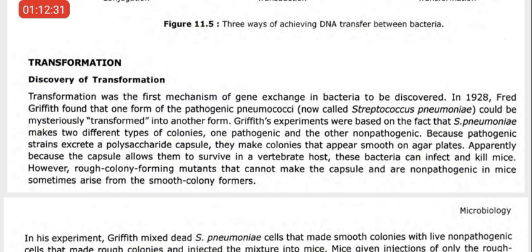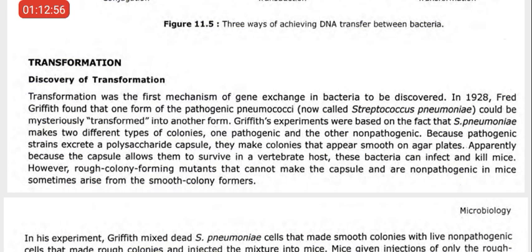Griffith's experiment was based on the fact that S. pneumoniae make two different types of colonies, one pathogenic and the other non-pathogenic. Because pathogenic strains excrete a polysaccharide capsule, they make colonies that appear smooth on an agar plate. Apparently, because the capsule allows them to survive in a vertebrate host, these bacteria can infect and kill mice.